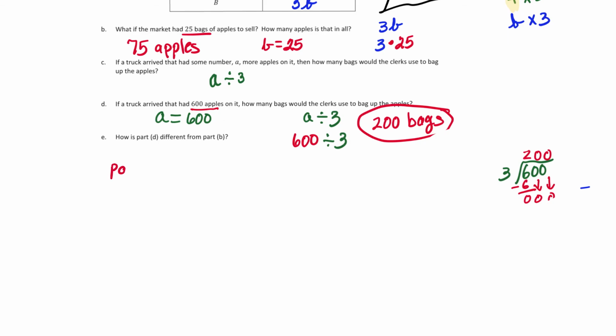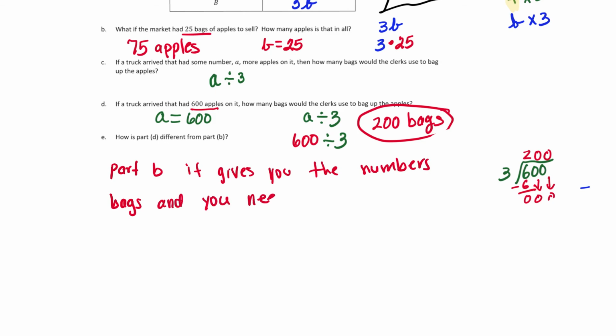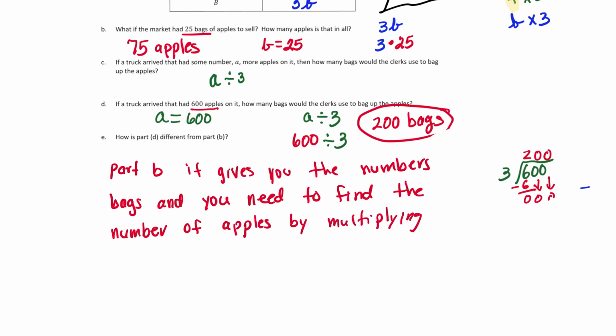So we're going to say, part B gives you the number of bags and you need to find the number of apples by multiplying by 3.